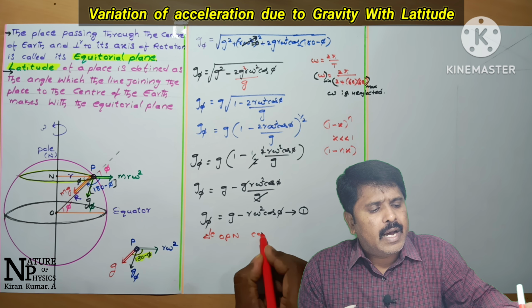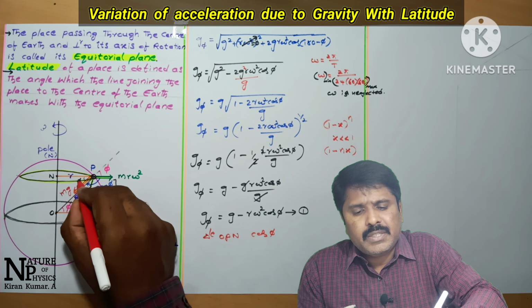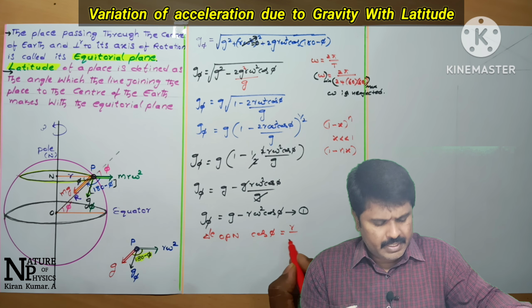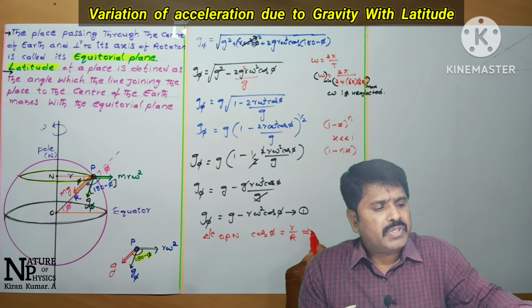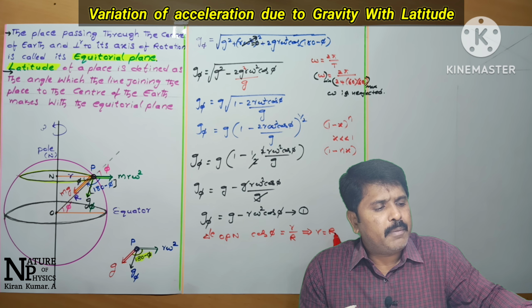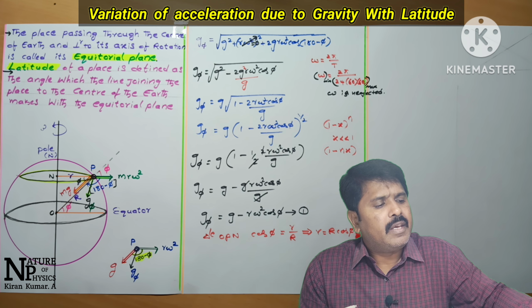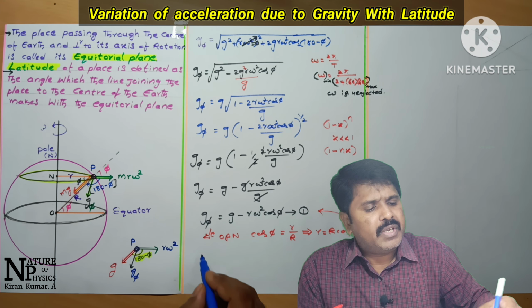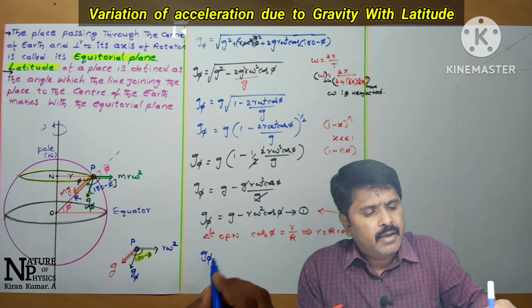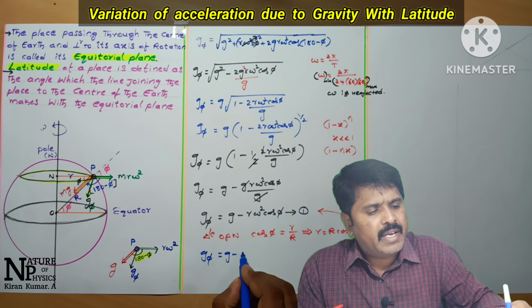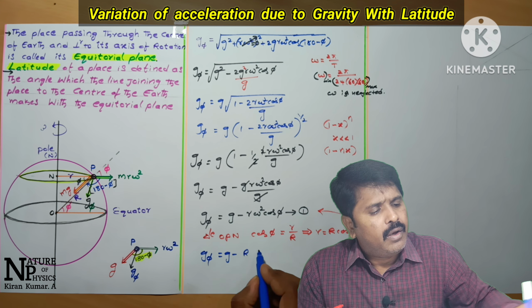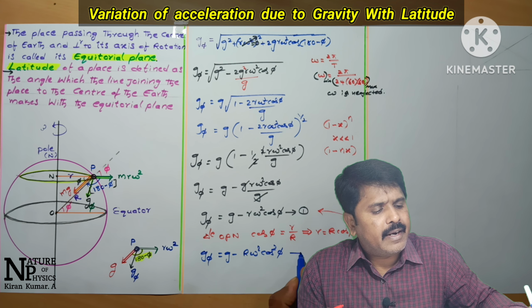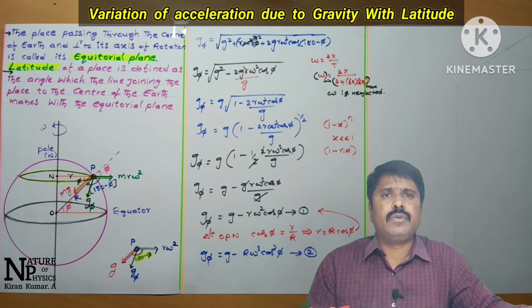So cos phi is equal to adjacent side r divided by hypotenuse capital R. From this I can write small r is equal to capital R into cos phi, which is replaced in the above equation. So the resultant equation is now g phi is equal to g minus r omega square cos square phi. This I can write as equation number 2, students.